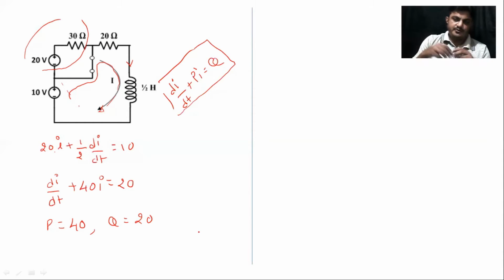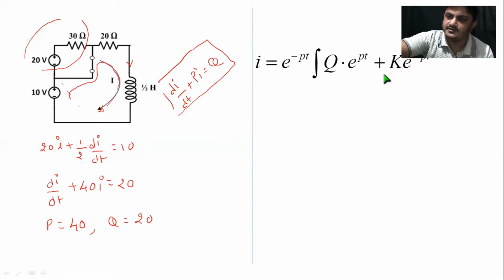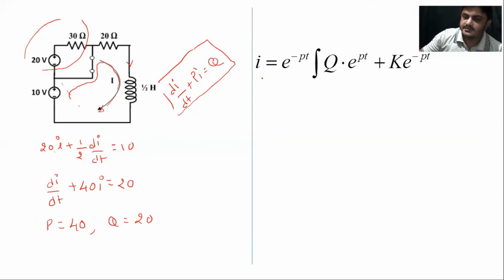Now you must remember the solution of this equation. If you don't remember it, it could be difficult for you to calculate the solution. So for right now, I will just write down this expression: I = e^(-Pt) ∫ Q e^(Pt) dt + K e^(-Pt).